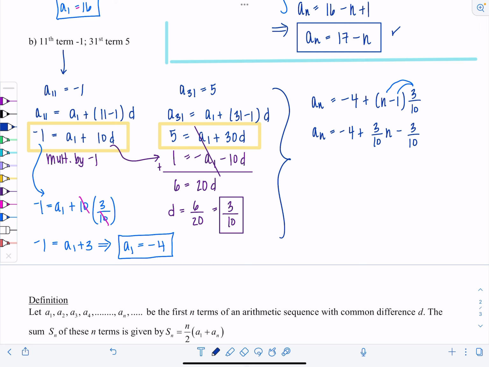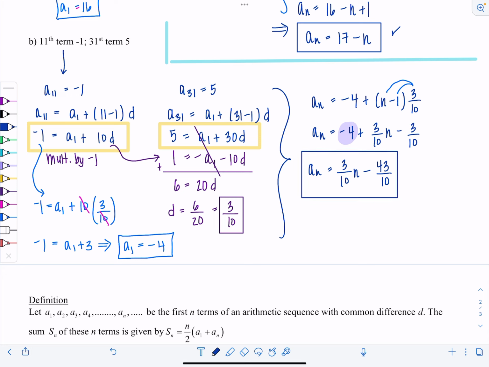Good. If I get a common denominator, -4 is going to become -40 over 10. -40 over 10 and -3 over 10, that's -43 over 10. But I'm going to put the 3/10 n first because it's positive, and then minus 43 over 10. And now we are done.